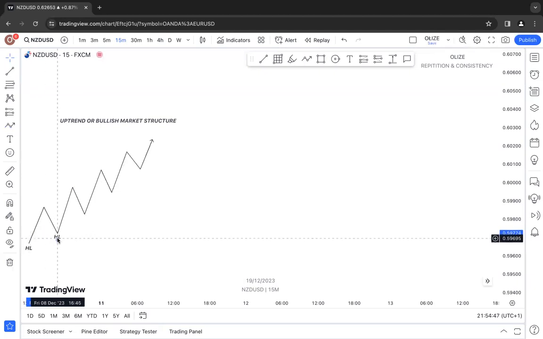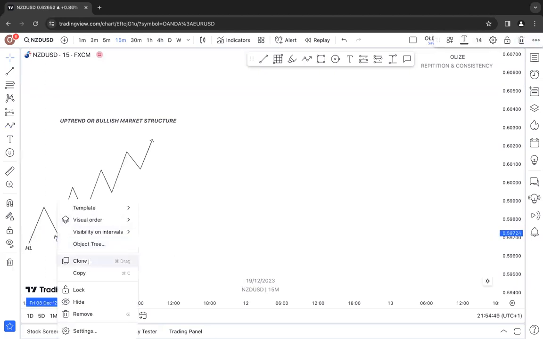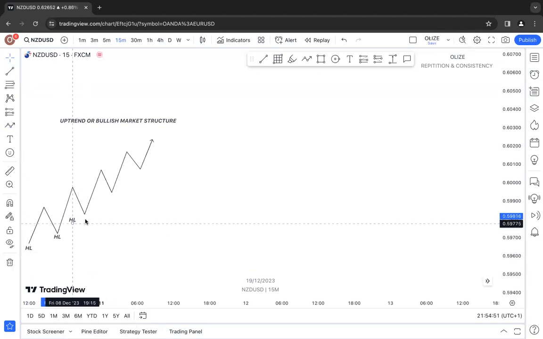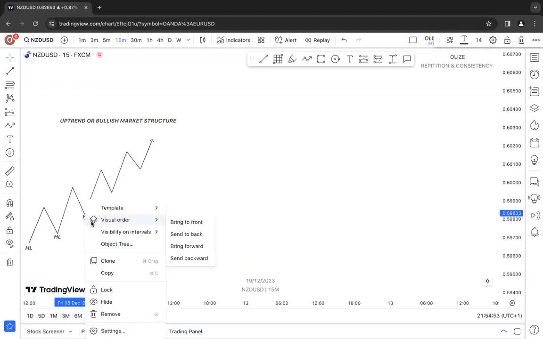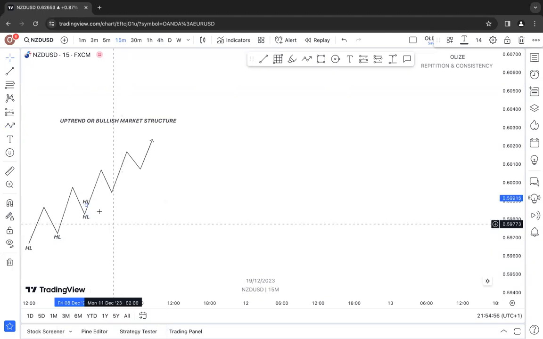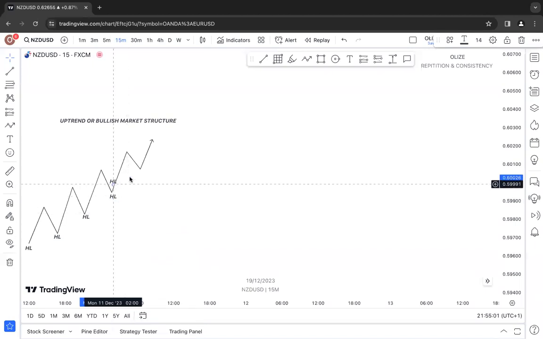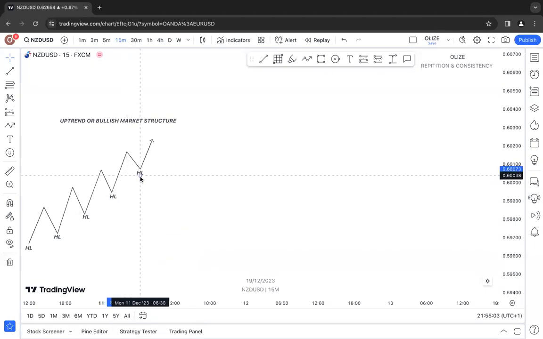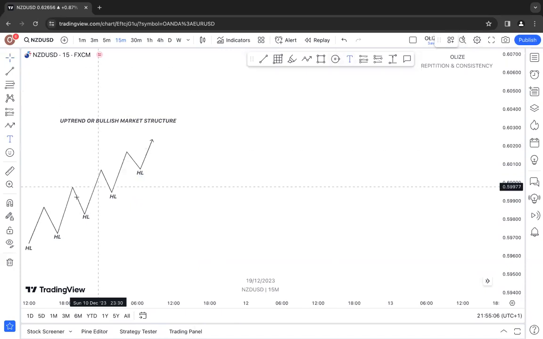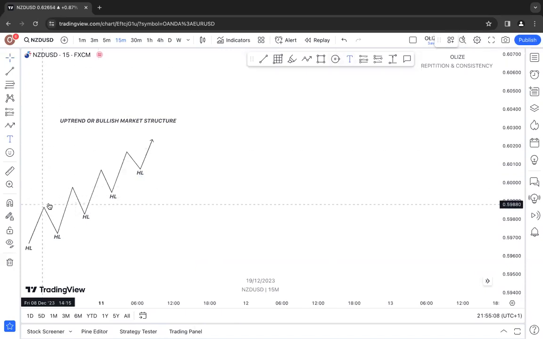So all these are higher lows, and the one above is a higher high.